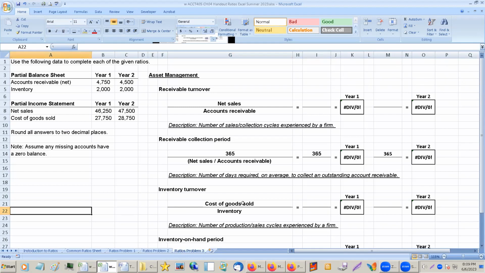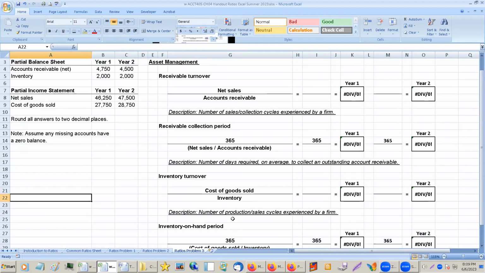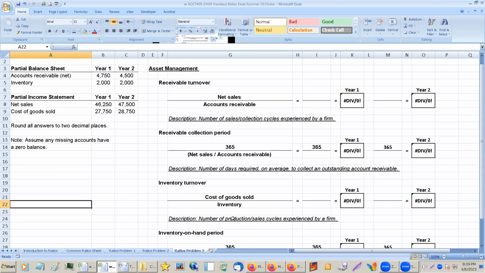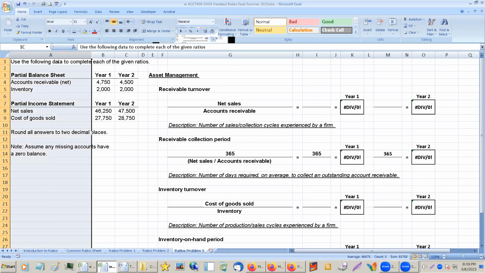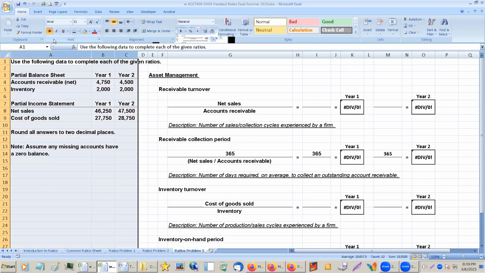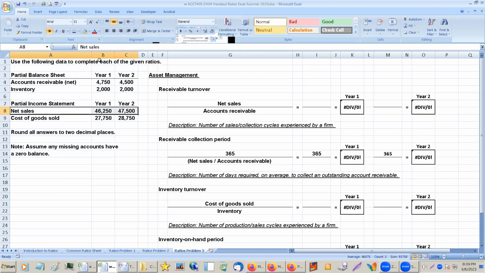And the last one. Oh, good, it's short. Oh, yeah, these are turnovers, days receivable. Net sales. Make those green.